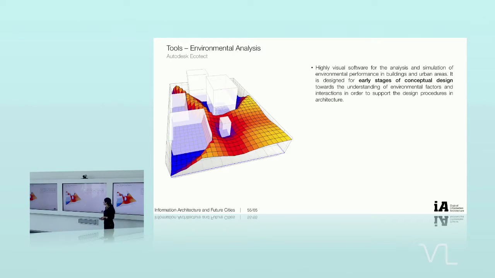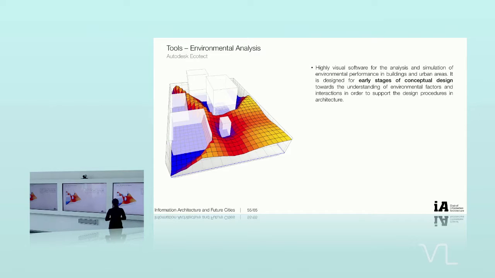In terms of software, we have one that is maybe the oldest one in terms of architectural design, because of course, if we go more into engineering, there are a lot of other tools that engineers usually use. But for architects, this was actually the first tool that really visualized the measures.